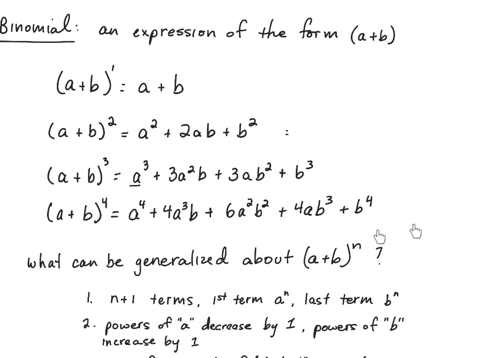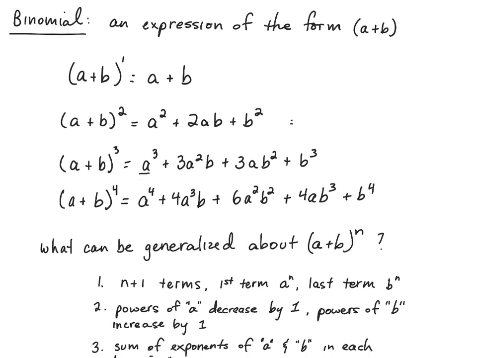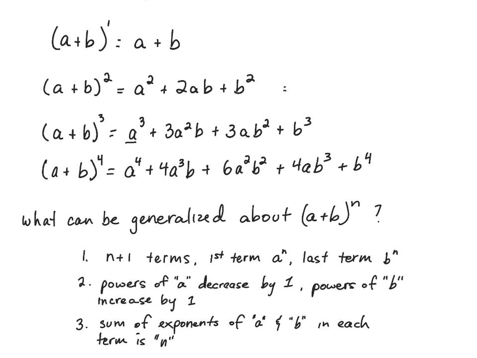Now, another generalization we can make here is in regards to the sum of the exponents of each term. Looking at this term, for example, we have a cubed times b to the first power.